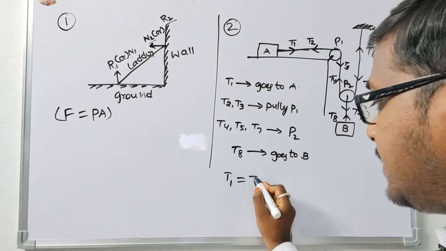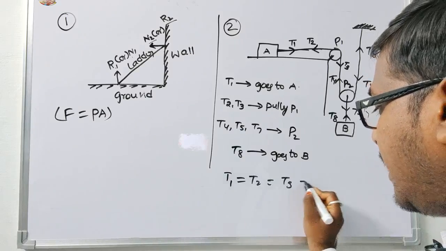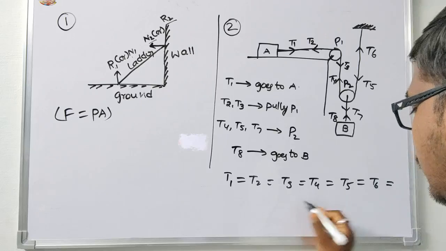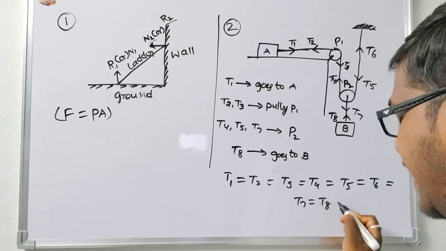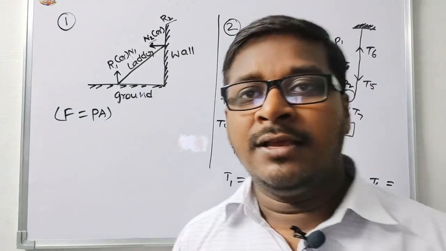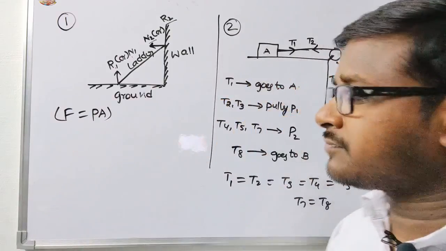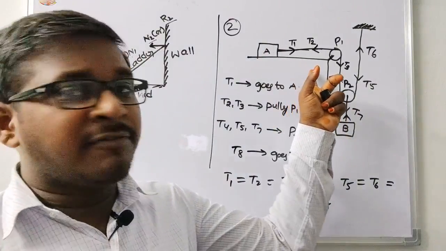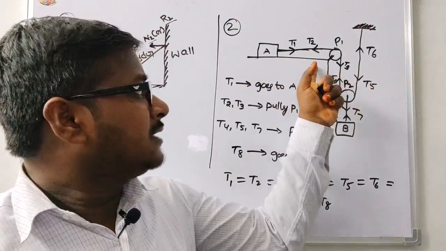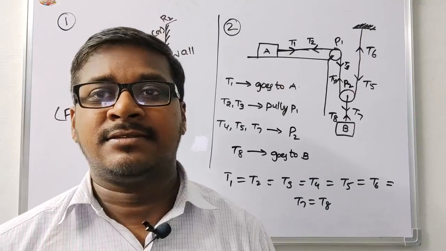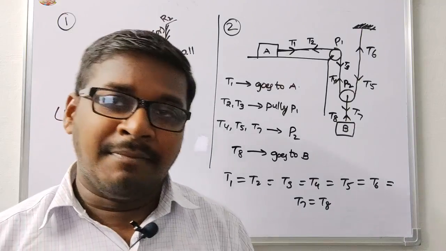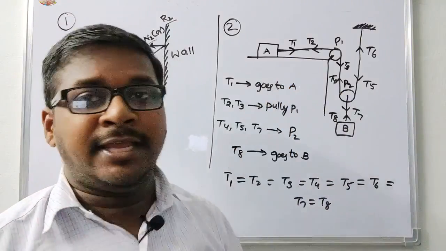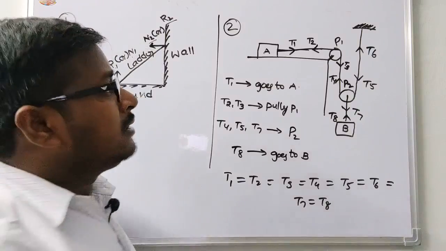Then T1 is equal to T2 is equal to T3 is equal to T4 is equal to T5 is equal to T6 is equal to T7 is equal to T8. At every point in this figure the tensional force is the same because the string and pulleys are massless and there is no friction between string and pulley.